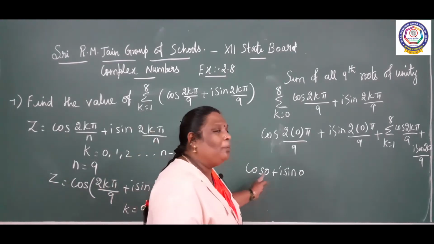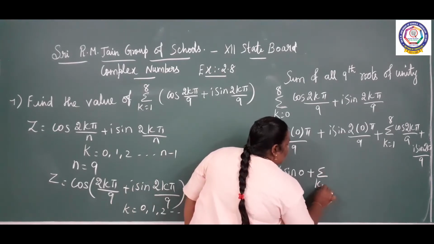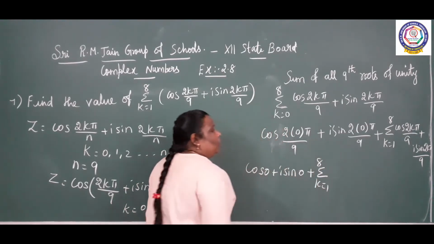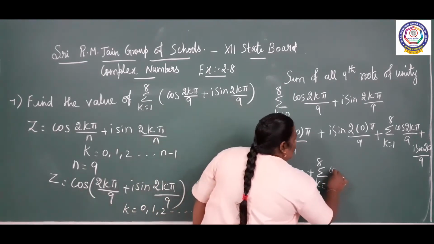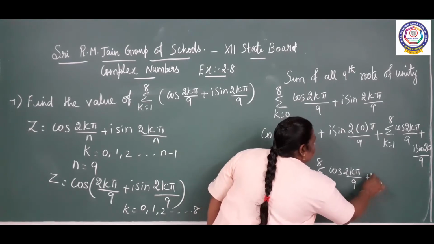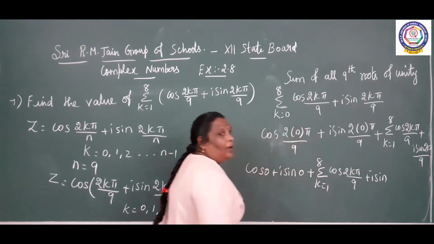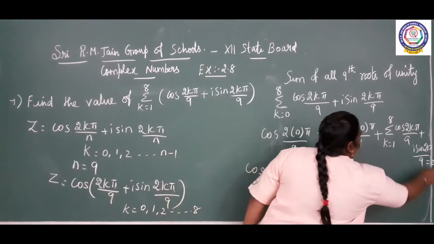So cos 0 plus i sin 0 plus sigma k equal to 1 to 8 of cos of 2k pi by 9 plus i sin of 2k pi by 9 equal to 0.